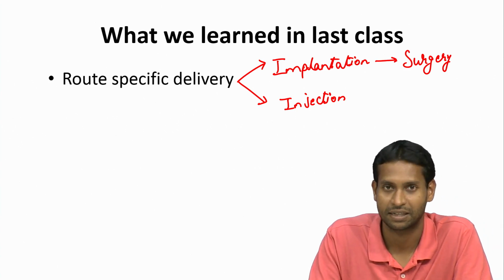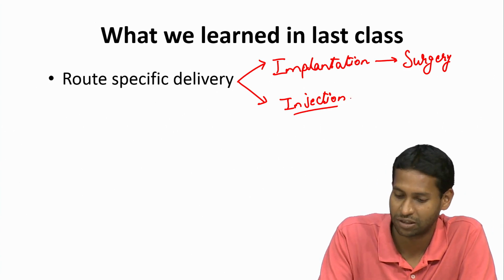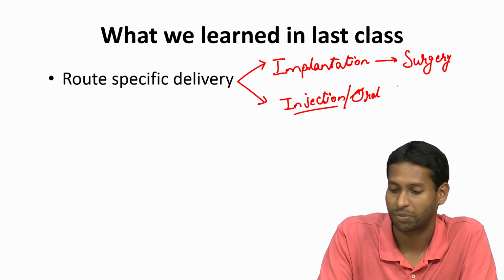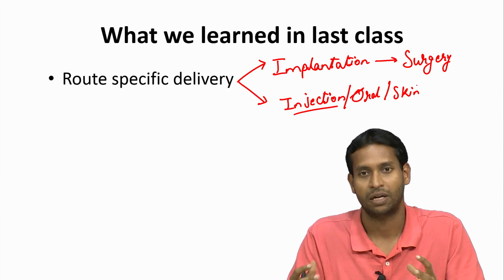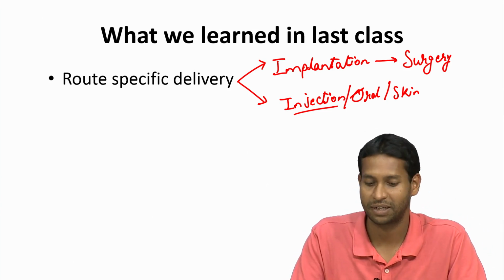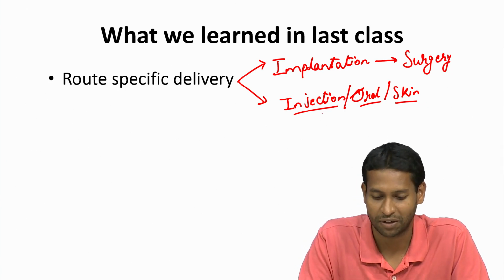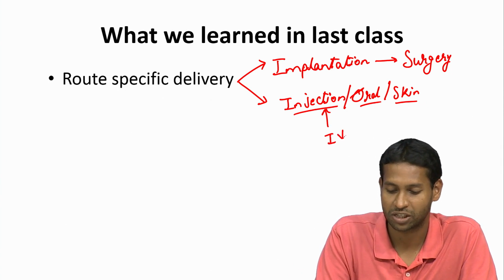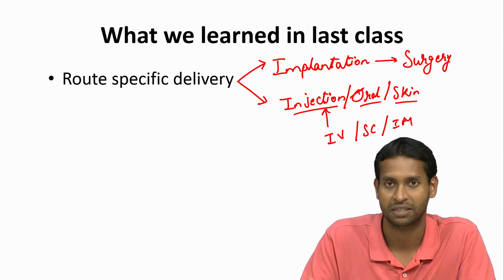And in this case the route becomes important, or it could be some other route also. So, it could be oral, it could be on the skin. So, even those which have big delivery vehicles can also be delivered both through oral and as well as skin, but for the most part we are looking at injection, which will then involve either an intravenous injection or a subcutaneous injection, intramuscular, and several others.